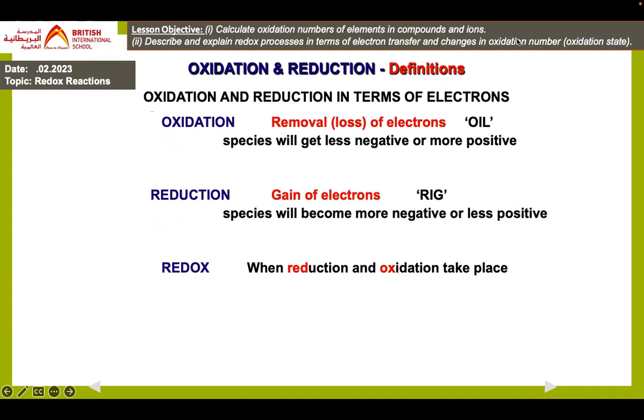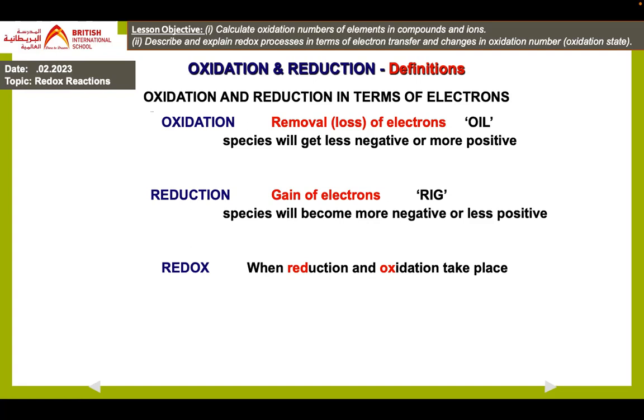There are more definitions for oxidation and reduction because oxygen and hydrogen will not be available in every reaction. A few reactions have oxygen in them and a few have hydrogen, but there are reactions which have neither hydrogen nor oxygen.